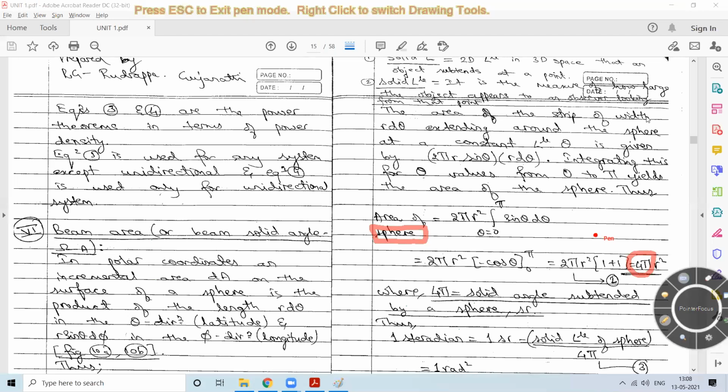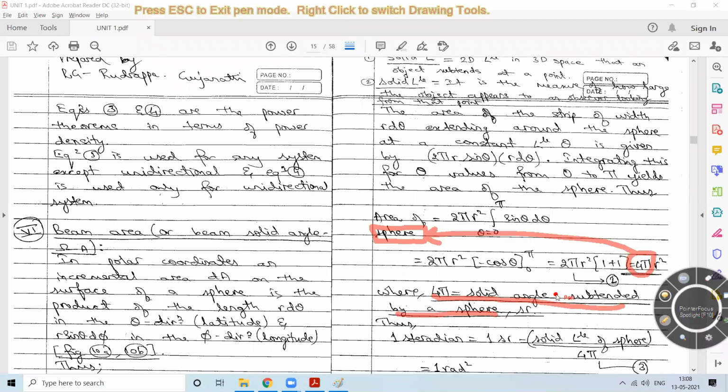No other element subtends more than the sphere. So the sphere subtends the highest solid angle, which is 4 pi.